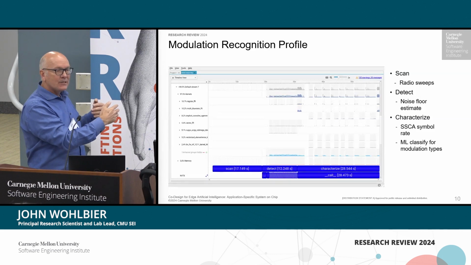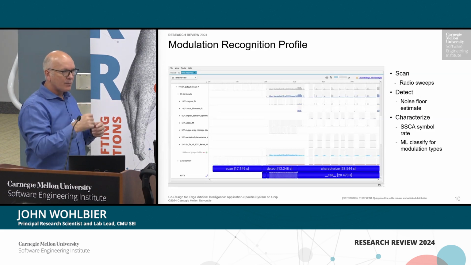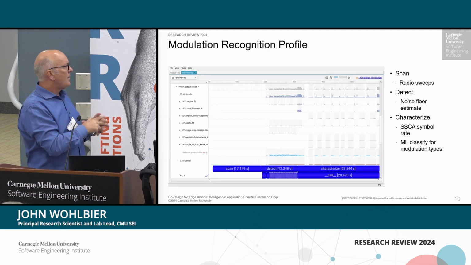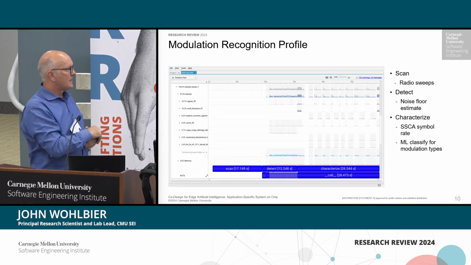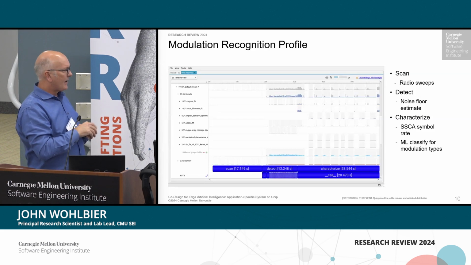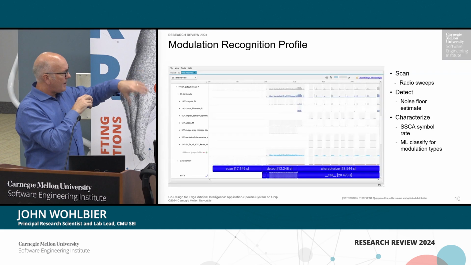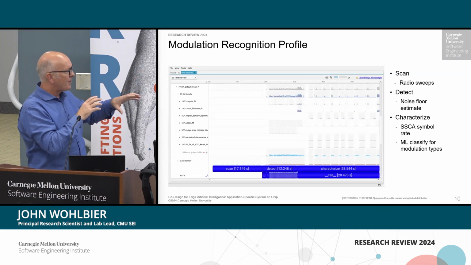Scan is actually reading waveforms off the radio, storing the data and quantizing it and all that stuff. There's a first detect phase, which is essentially figuring out what the noise floor is. And then the third and biggest phase is the characterization step, and the characterization step is split into 2. I'm not showing you all the information, but take my word for it.